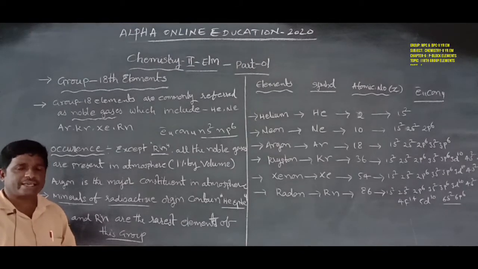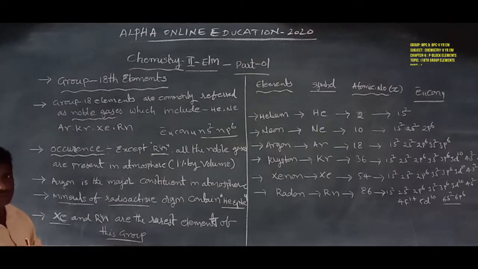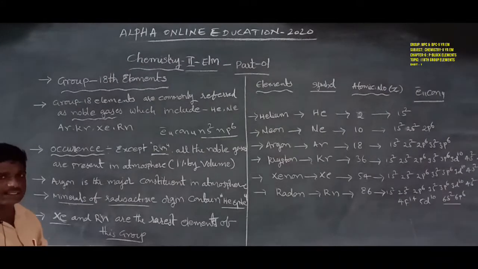That is the occurrence of the 18th group elements, the noble gases.